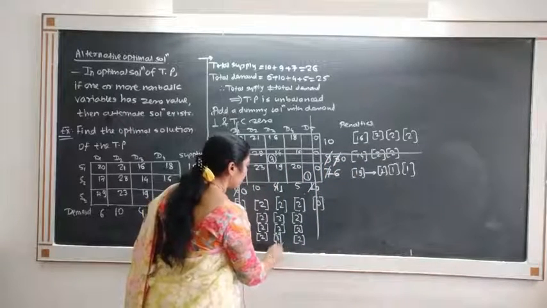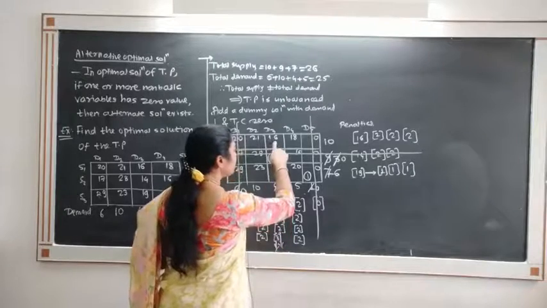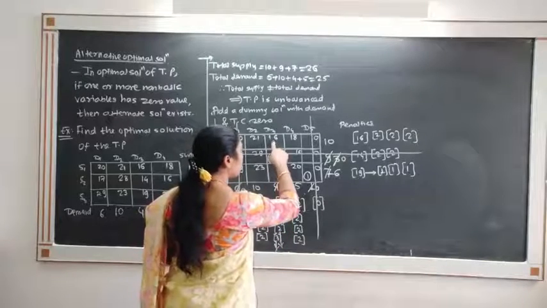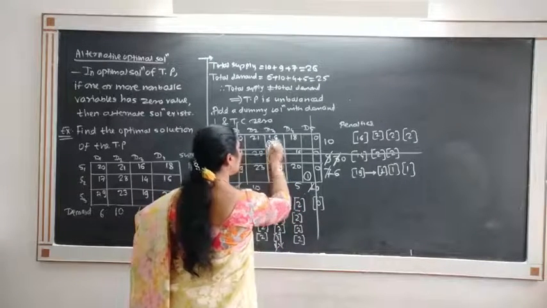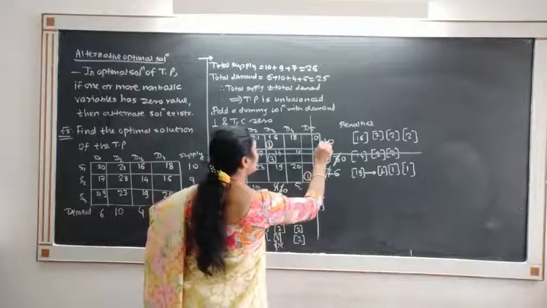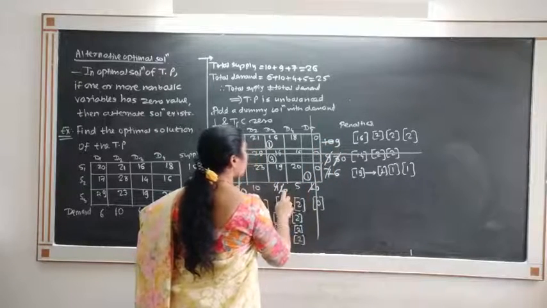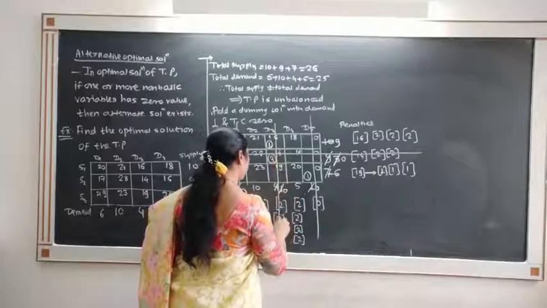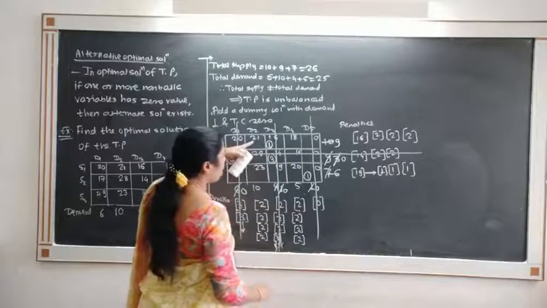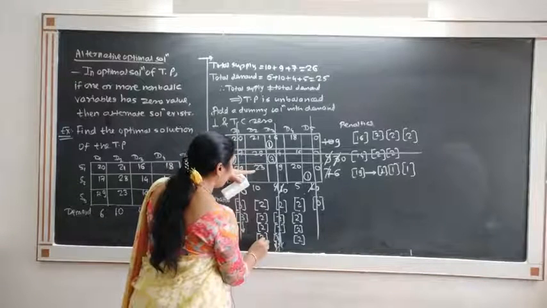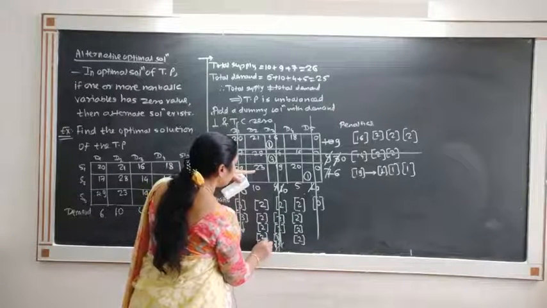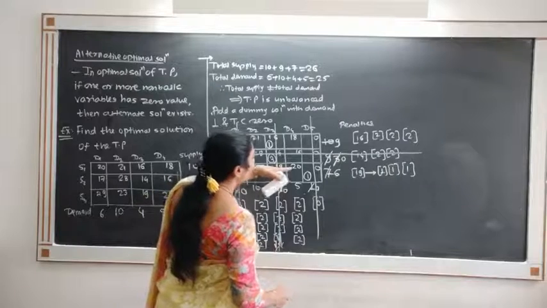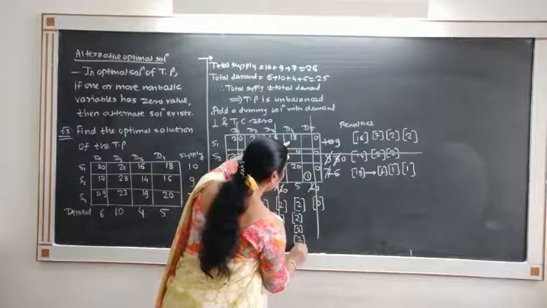So consider this one, and in this minimum cost is 16. Allocate as much as possible, that is 1, remains 0, remains 9, because demand becomes 0, cross out. Now again 21 and 23, that is 2. 20 minus 18, 2.